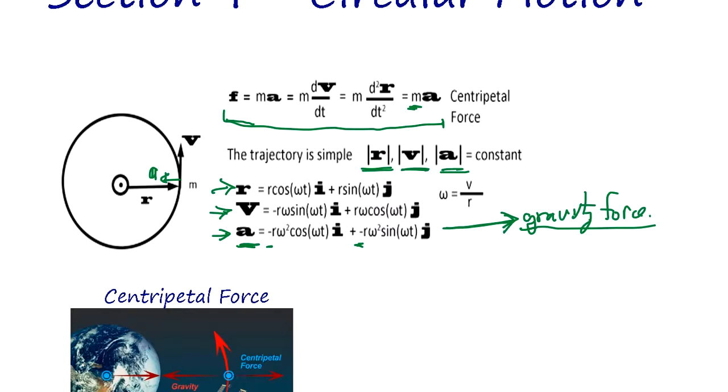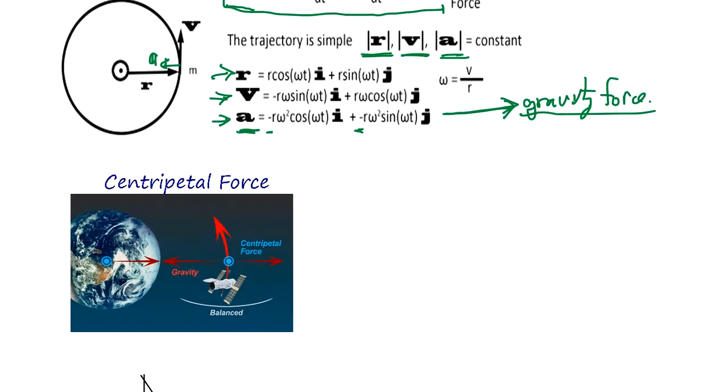Okay, in this point mass, we often talk about centripetal force. Centripetal force is some force acting against gravity, and because of this centripetal force, the gravity is cancelled out, and the astronaut on this orbit feels zero gravity.